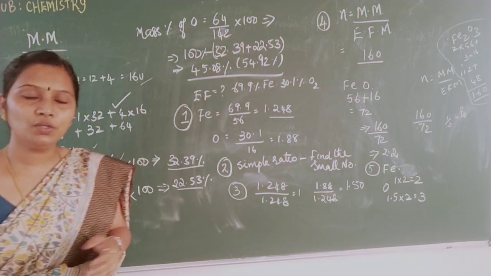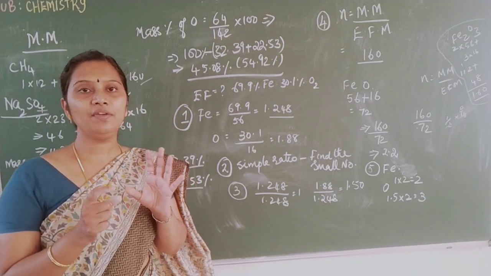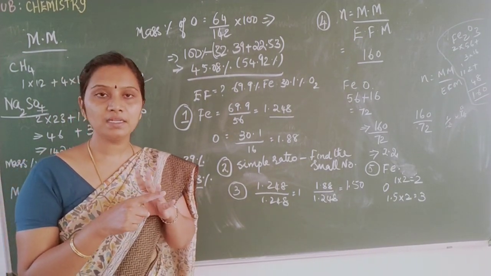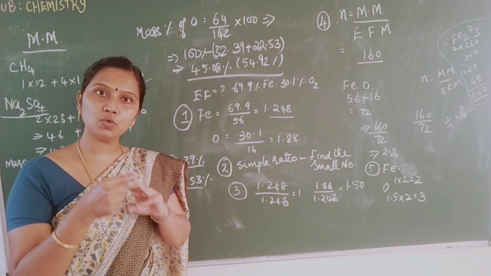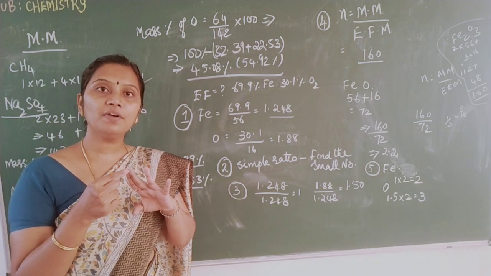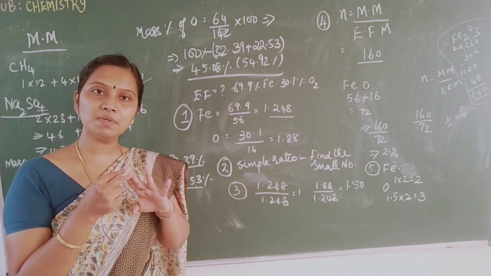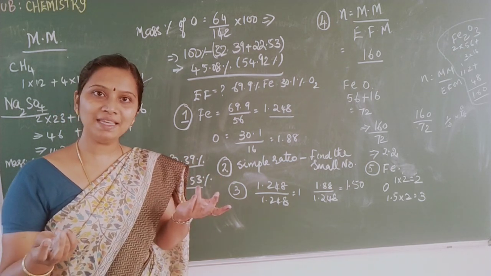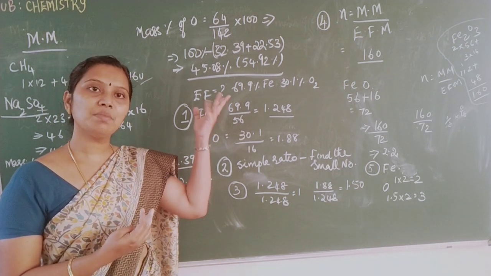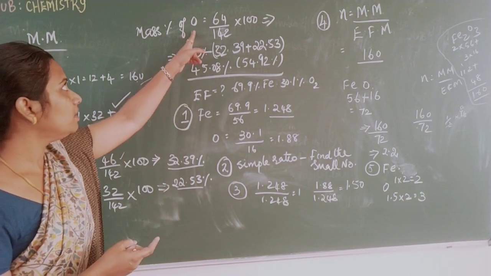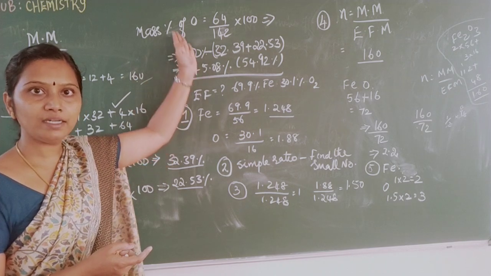Or otherwise what you can do, sodium sulfate comprises sodium, sulfur, oxygen, right? So in 100% of sodium sulfate, if I know sodium and sulfur, and I subtract the mass percentage of sodium and sulfur from 100%, obviously I will be getting the mass percentage of oxygen. So you can do in either way.